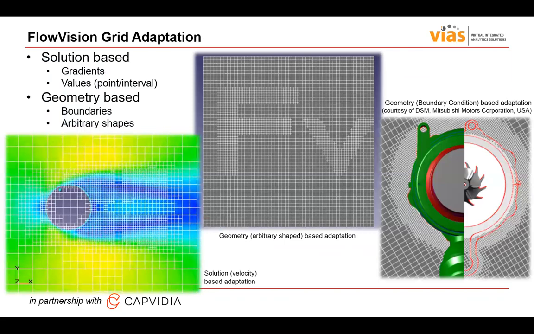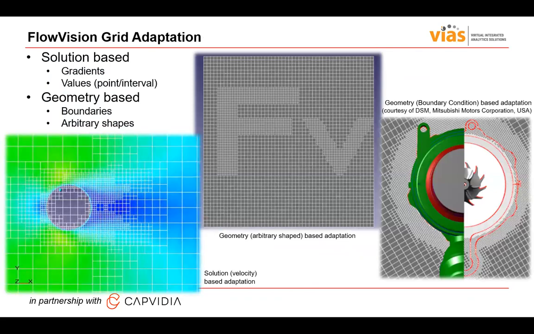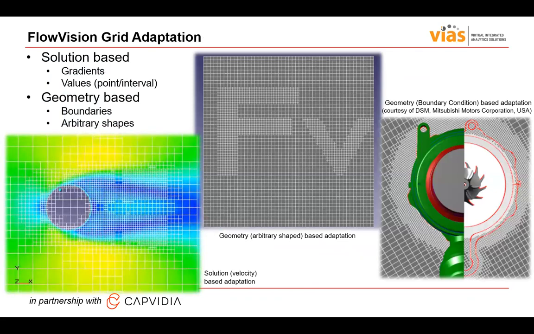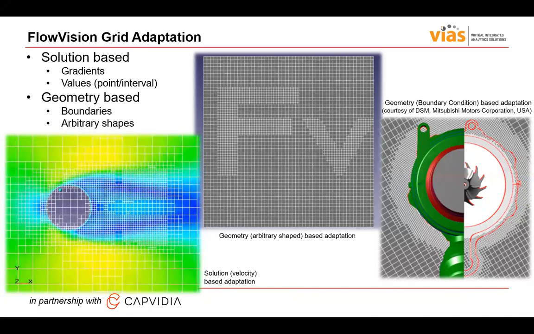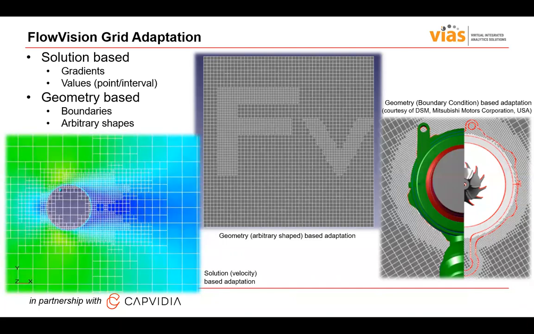Following that, let's have a closer look at the computational grid and how it's adapted. As you can obviously see, we have basically a Cartesian grid, and then we have the adaptations. The adaptations can be based on the solution, the gradients of flow parameters.